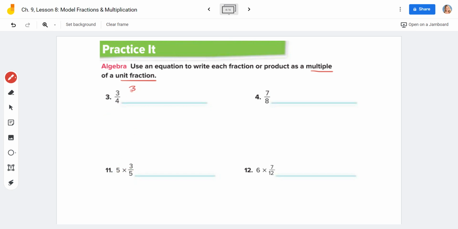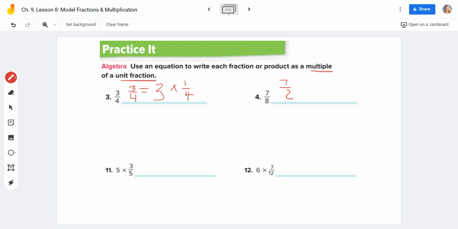So what I want you to do is rewrite what's out here. 3/4 equals, and now let's write it as a multiple of a unit fraction. So the unit fraction for 3/4 is going to be 1/4. How many times would I write 1/4 to equal 3/4? 3. So 3/4 equals 3 times 1/4.